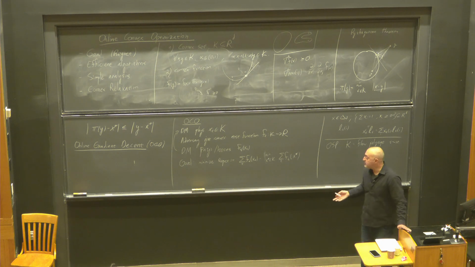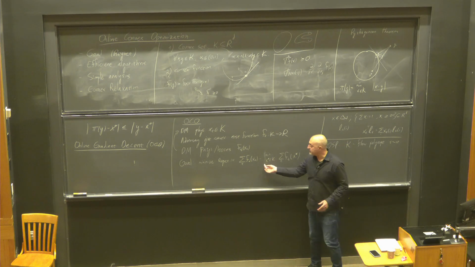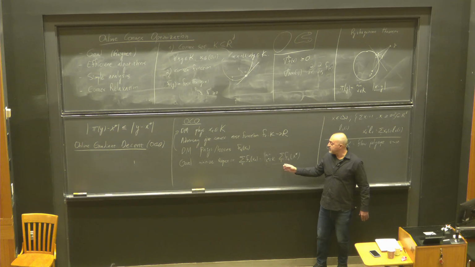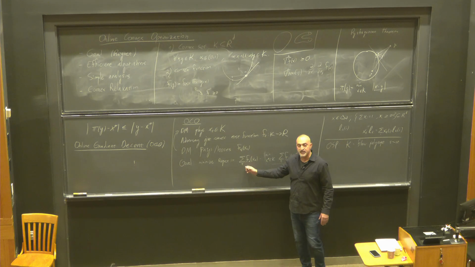So this is meaningless. You're only trying to minimize your own loss, and that we already discussed is basically hopeless if you don't have an underlying model for generating the costs.